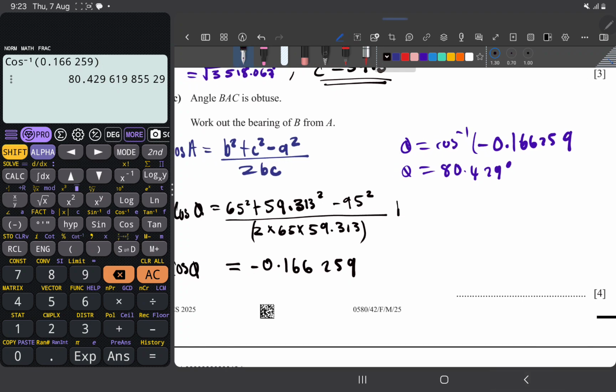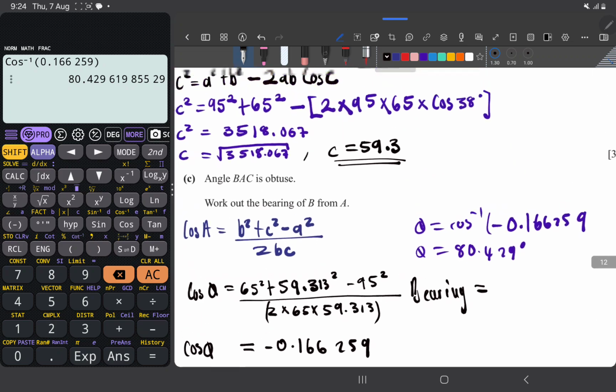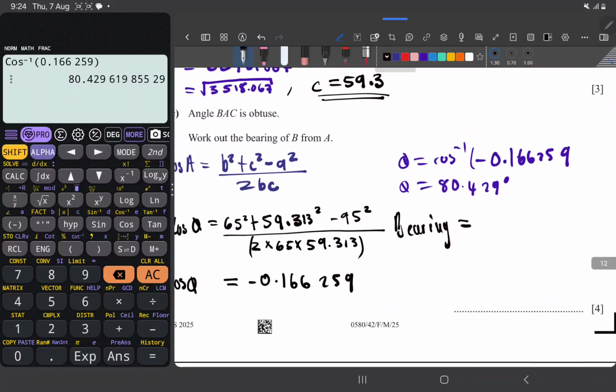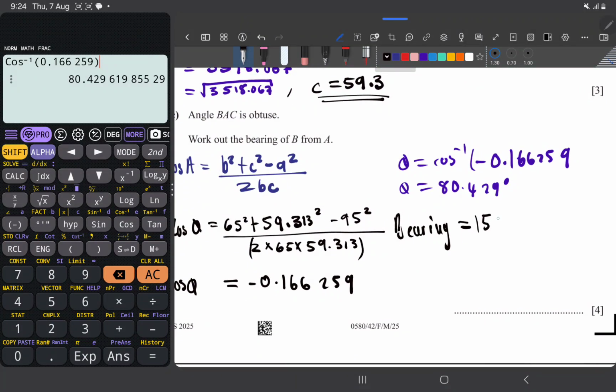Now, what are we going to do? We just find the bearing. The bearing is going to be equal to this 145 plus this theta, which we just found. So it is 145 plus 80.429.